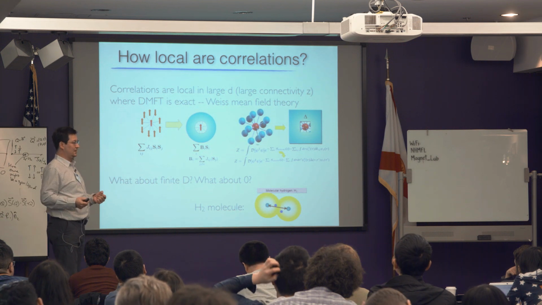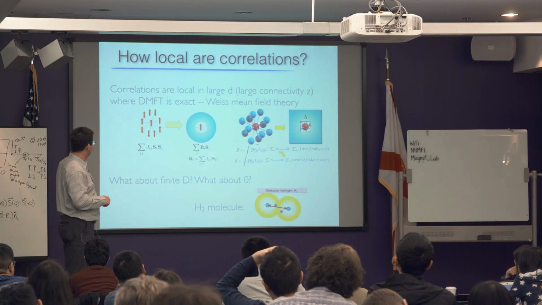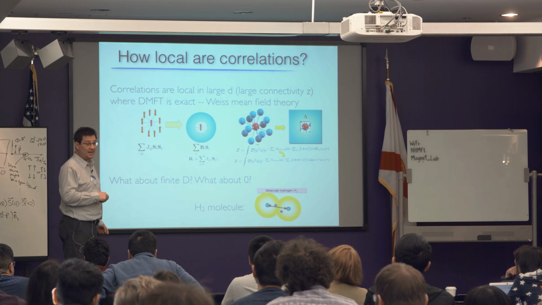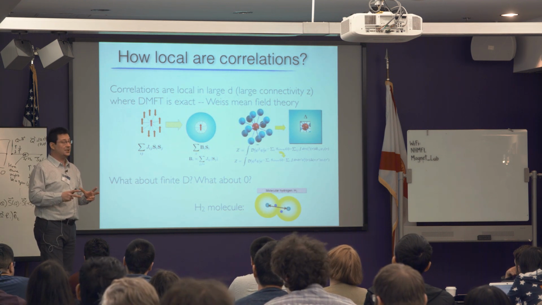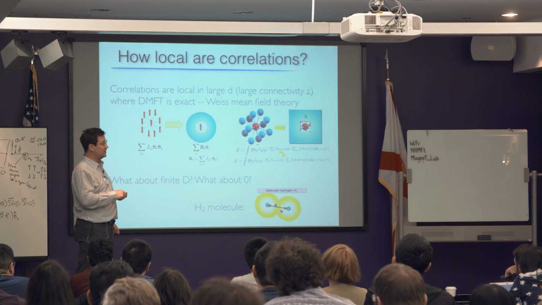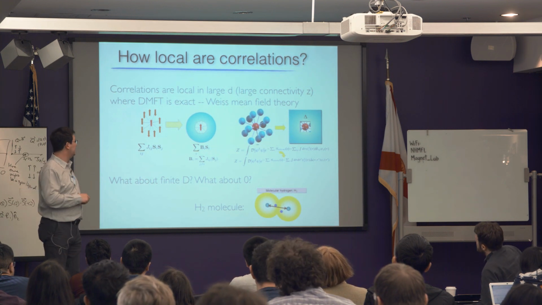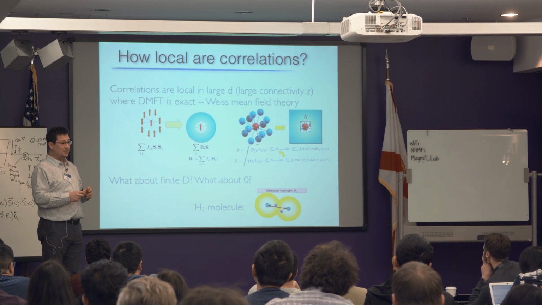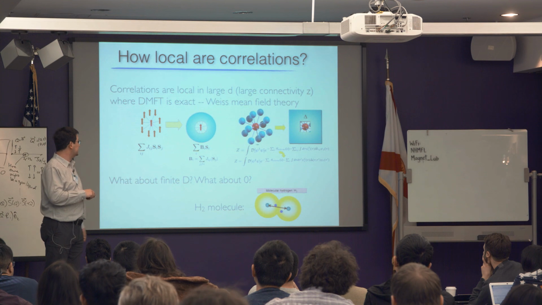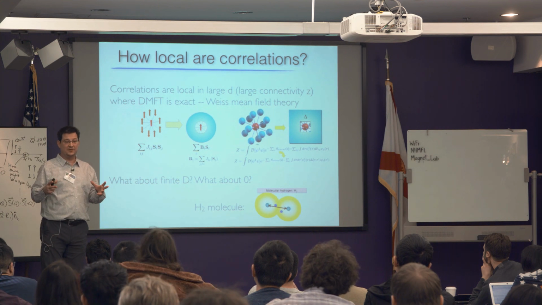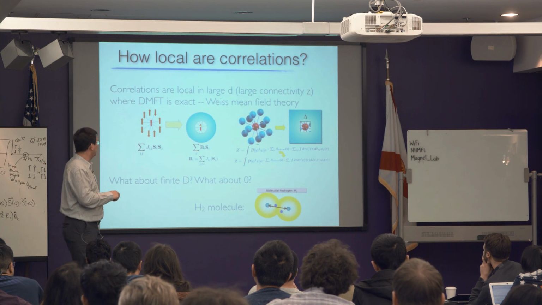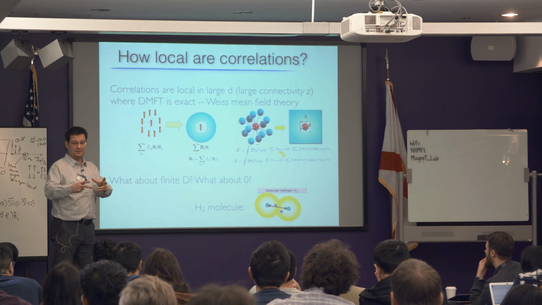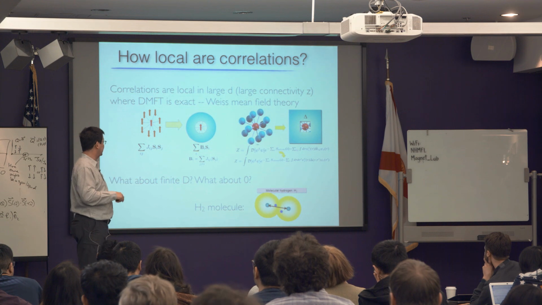If you have a spin system in high dimensions, which just means large connectivity Z, then in the limit of large Z you can map a lattice problem into a problem of a single spin in a Weiss field, an effective field determined by all the other spins around that site.